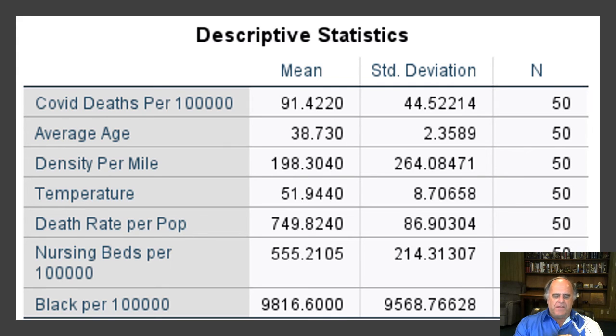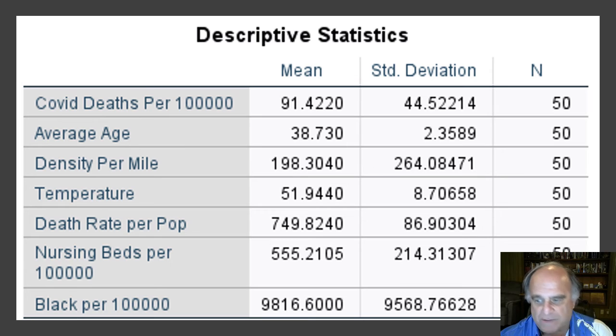You know, there's an indication that a lot of deaths occur in nursing homes, so I did nursing beds per 100,000. And then there've been hypotheses and political arguments that minorities, in particular African Americans, are more impacted by COVID for a number of reasons. So I also put in for each state the percentage of people identifying as African American or Black. Okay, so that's our basic data.